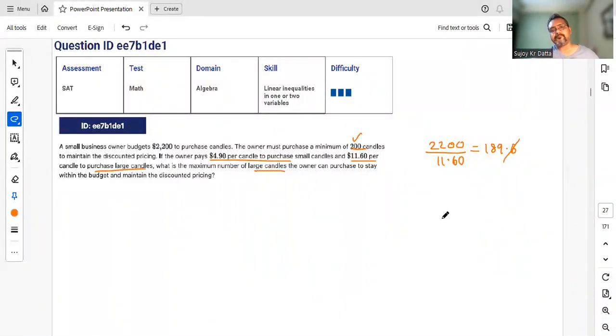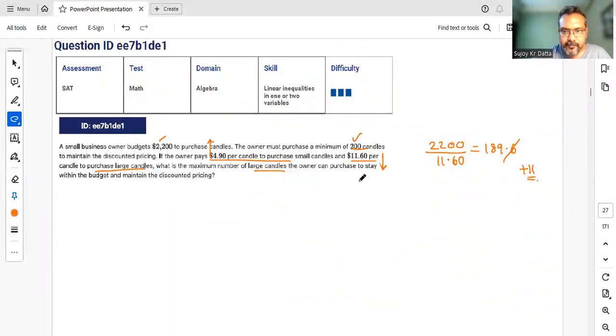You're falling short, right? You're falling short of the number of candles that you need. You need to make up 11 more. But then you don't have funds because you only have 2,200 bucks. So what do you do? You have to reduce a large candle and increase a small candle.